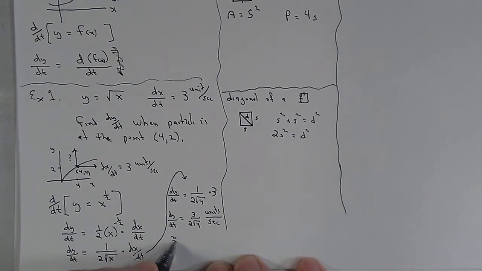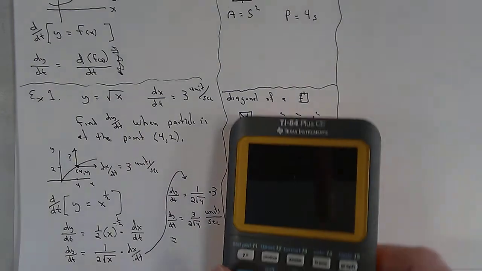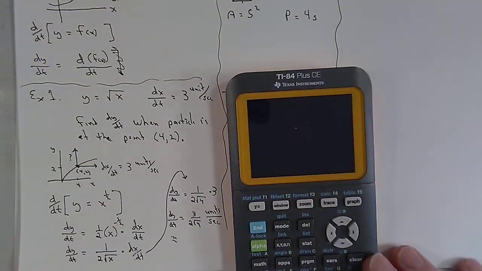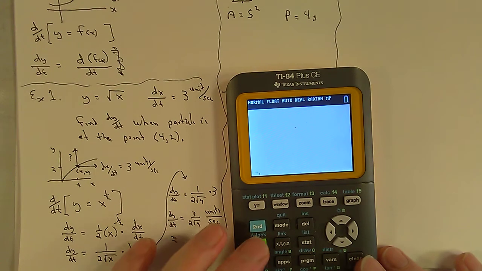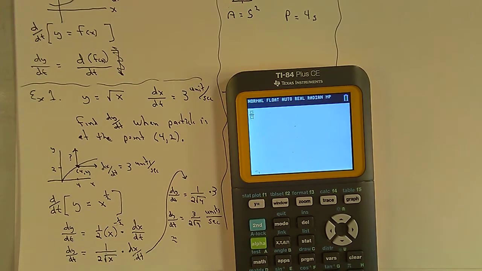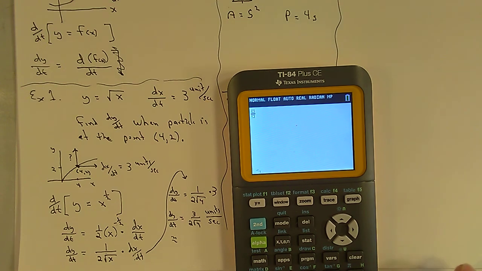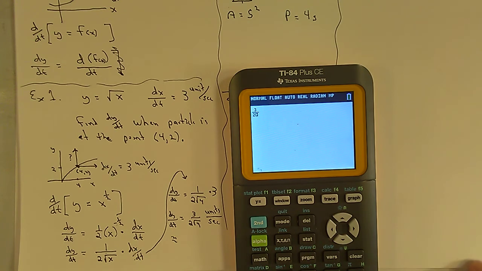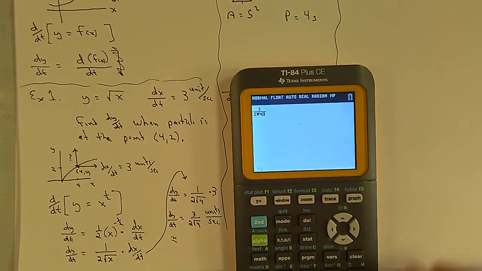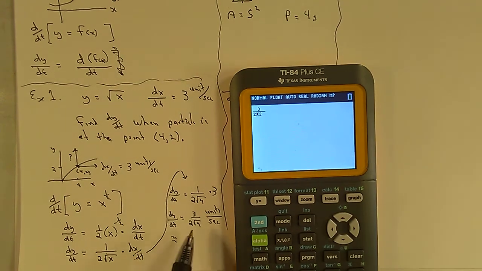Let's see, just for fun, dy/dt equals 3 over 2 times 2, which is 4. Okay. Square root of 4 is 2.